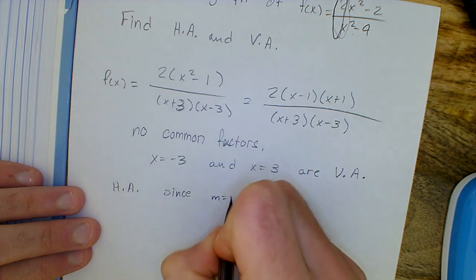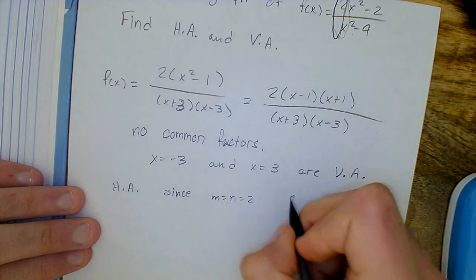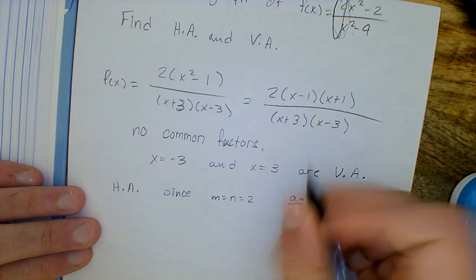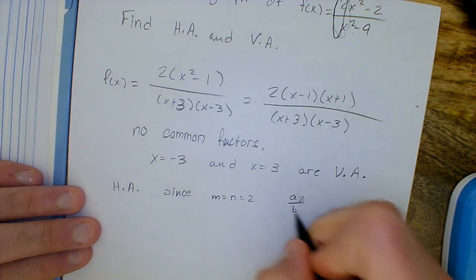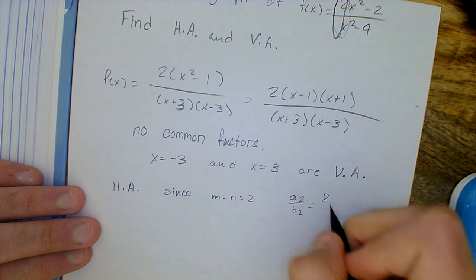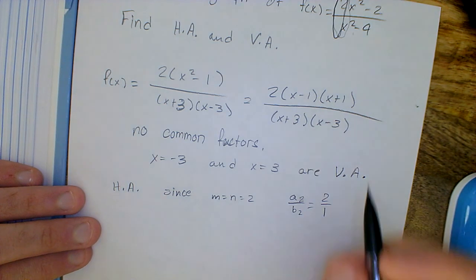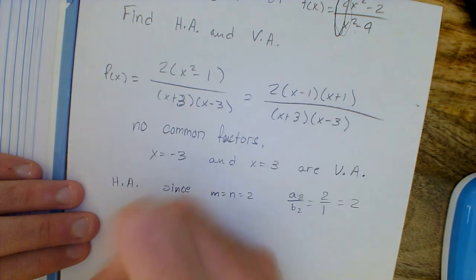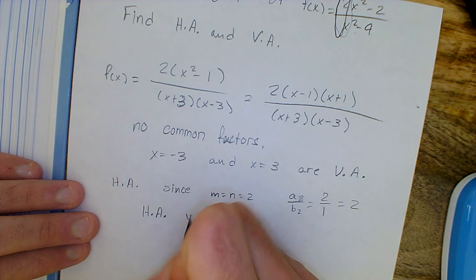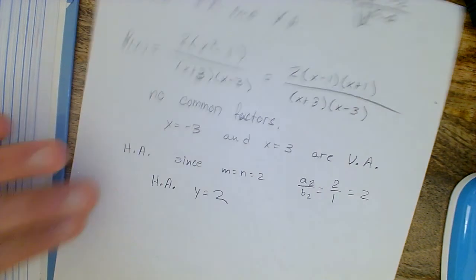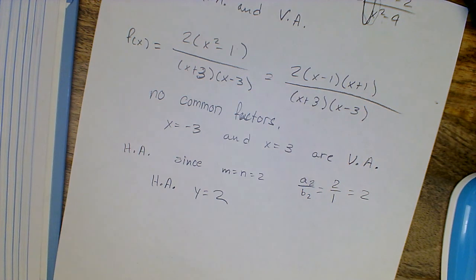So since m equals n equals 2, a2 over b2 equals 2 over 1. The leading coefficients are 2 over 1, so that's equal to 2. So we have a horizontal asymptote at y equals 2.